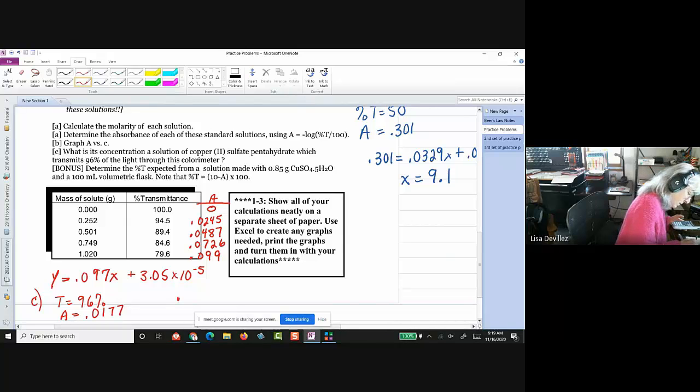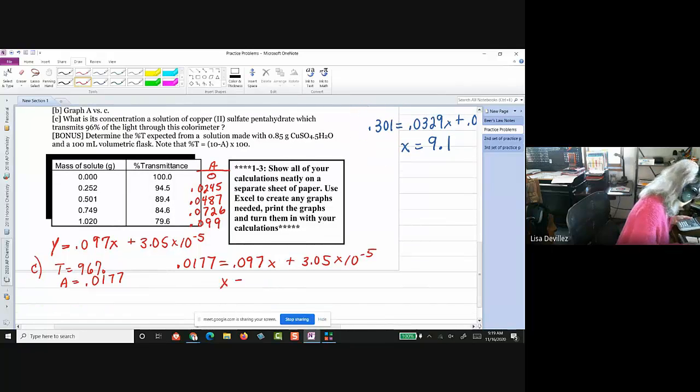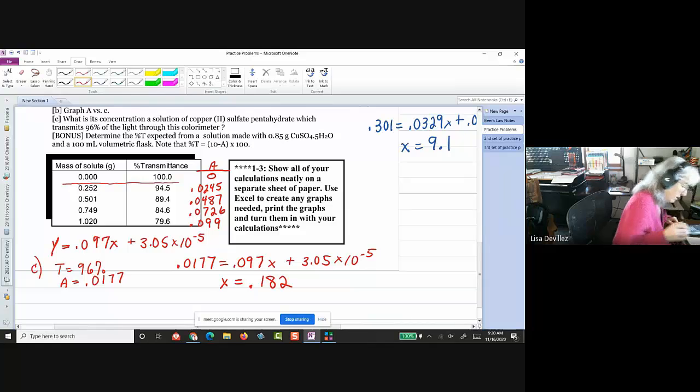Then I plug that in, subtract 3.05 times 10 to the negative 5th, and divide by 0.097. I'm getting x equals 0.182 for the concentration, which makes sense because we would expect it to fall in this range.